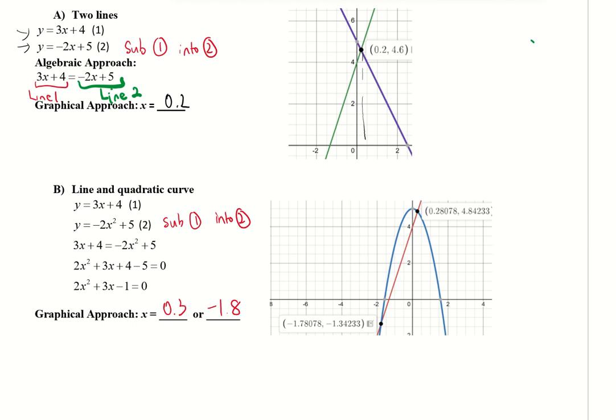My left side is the straight line and my right side is the curve. I can simplify, rearrange, and form a quadratic equation, and then solve for the x values by the quadratic formula.